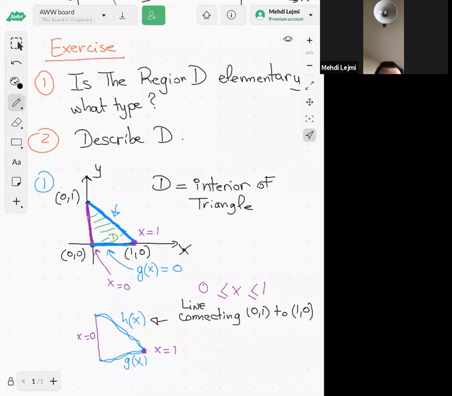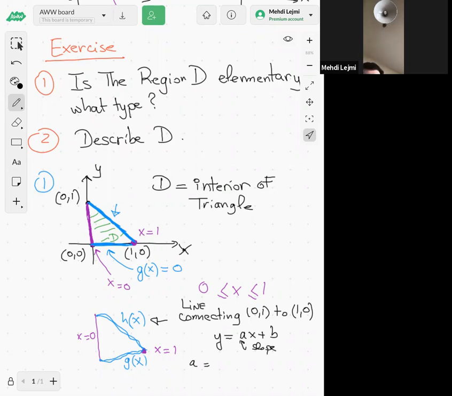Well, you can find the slope first, right? The equation of the line would be of the form y equals a x plus b, right? So a would be the slope. I guess you know how to find the slope of this line.